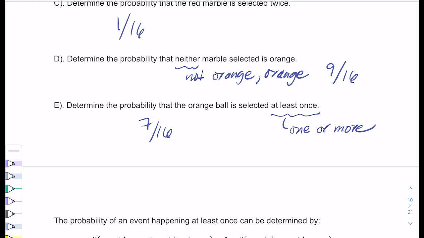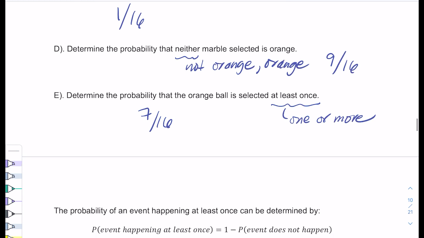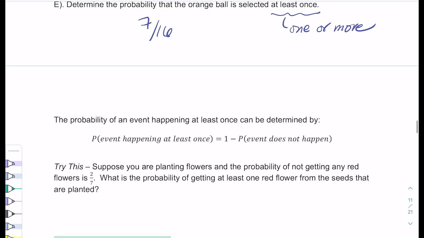So that word at least is going to come up often in the chapter. And one of the ways that we can look at at least is using this formula, which is the probability of an event happening at least once is just 1 minus the probability the event doesn't happen.